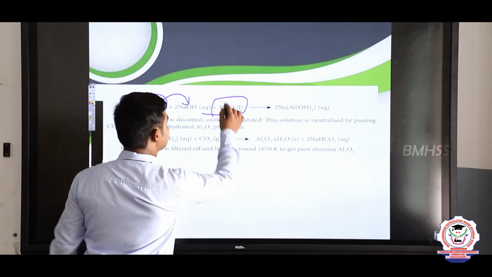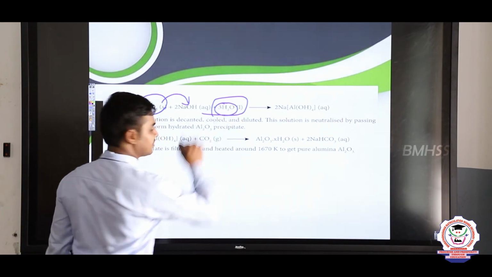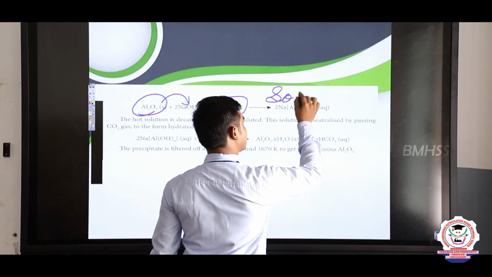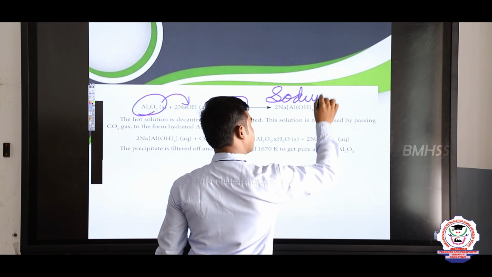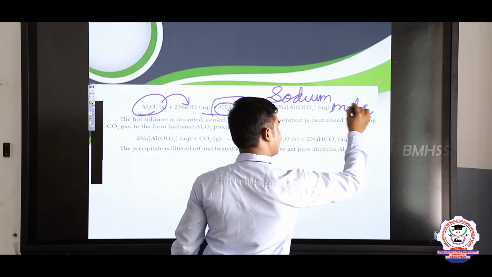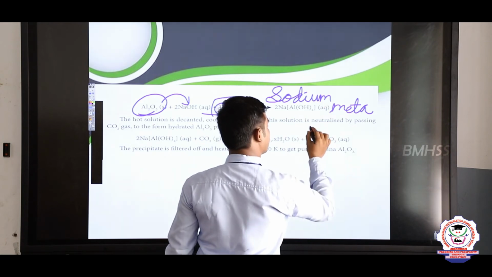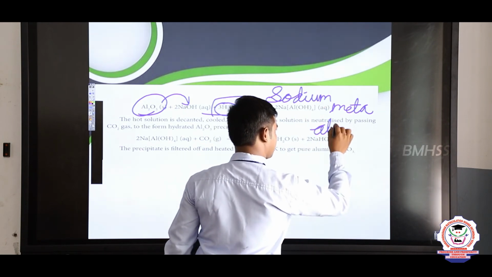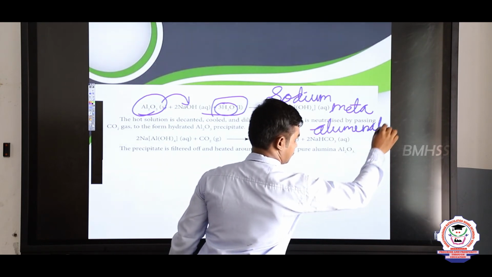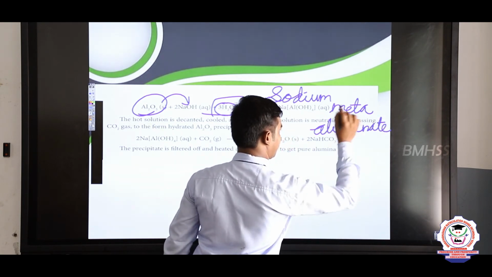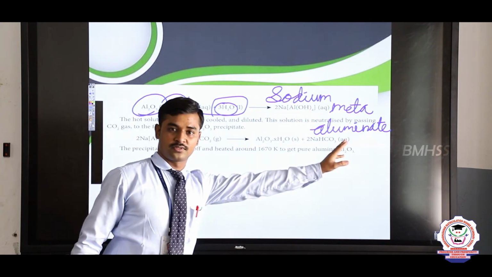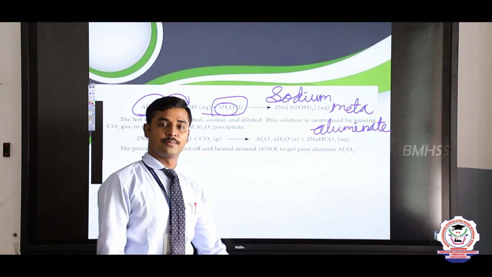So diluted means water, H2O, is added, and finally we get sodium meta-aluminate, NaAl(OH)4. This complex is sodium meta-aluminate.